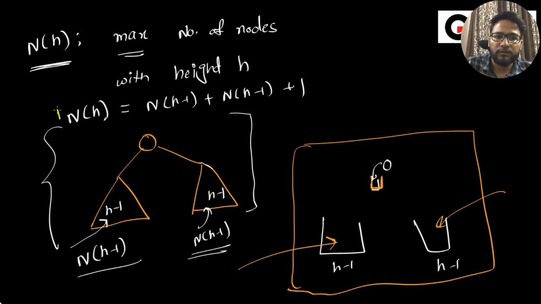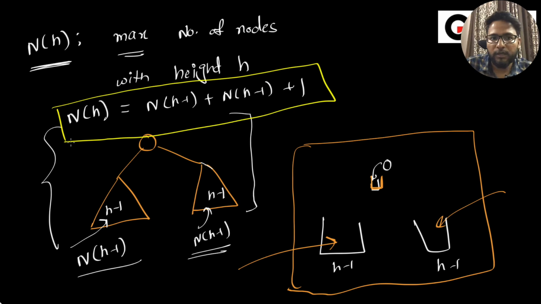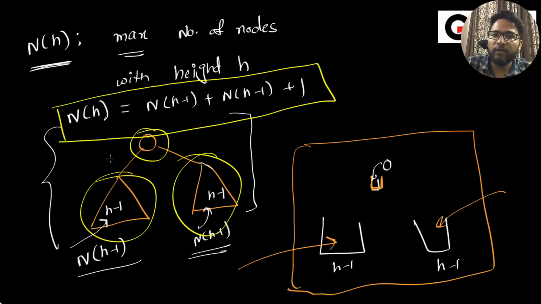Is this okay to everyone? It says that N_h, the total number of nodes in these three things, is the number of nodes here plus the one root node.